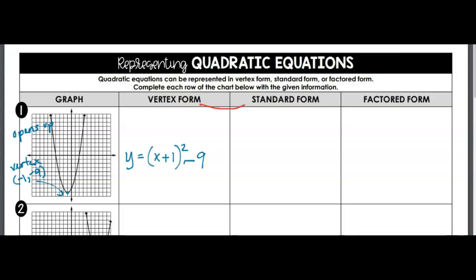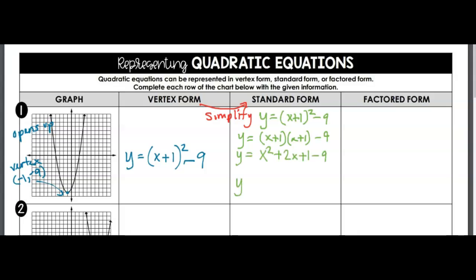Now that's vertex form. To go from vertex form to standard form, all we're going to do is simplify the quadratic, meaning that we're going to multiply it out. So we'll start with the vertex form, and remember that (x + 1) squared is really (x + 1) times (x + 1). So we'll separate out those binomials and then multiply them out, which will give us x squared plus 2x plus 1.